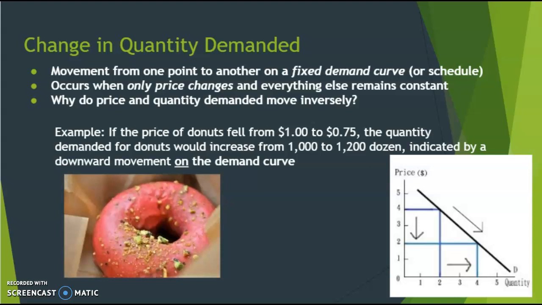And then the reverse would be true as well. If the price goes up, fewer people demand the item, and this could be pretty much any item from pizza to cars. So this is movement along the curve, and it occurs when there's a change in price.